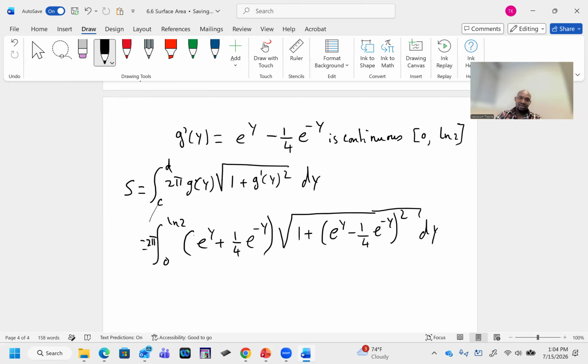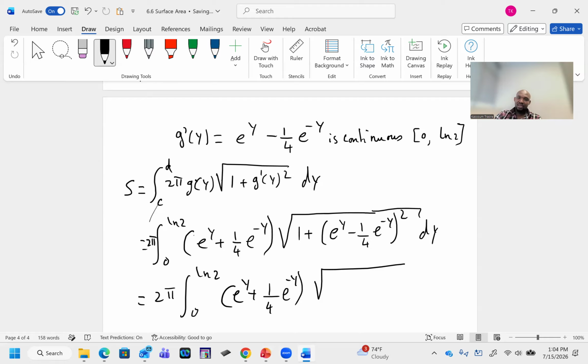Again, practice makes perfect. By now, you should know, I don't need to write too much. Of course, the term under the radical, if I expand it and combine like terms, would give me a perfect square. And what will be the perfect square?